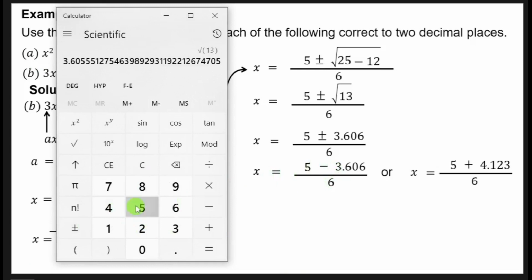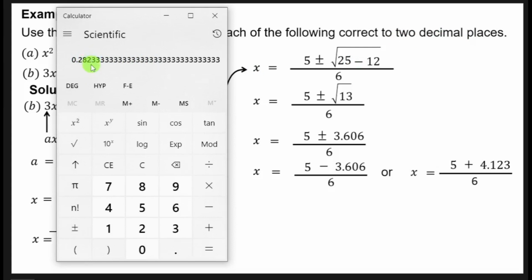So I'll say 5 minus 3.606 equals that one, then divided by 6, where I'll get 0.28, because they're saying to 2 decimal places. So I'll end on this 8, because after the point I need 2 numbers, 1, 2. Then I'll check the next number after 8, which is 2.